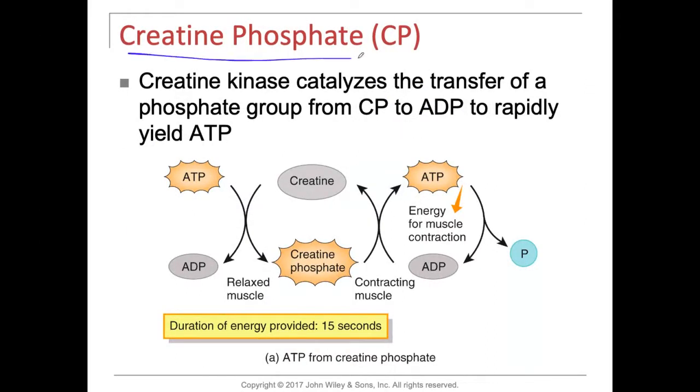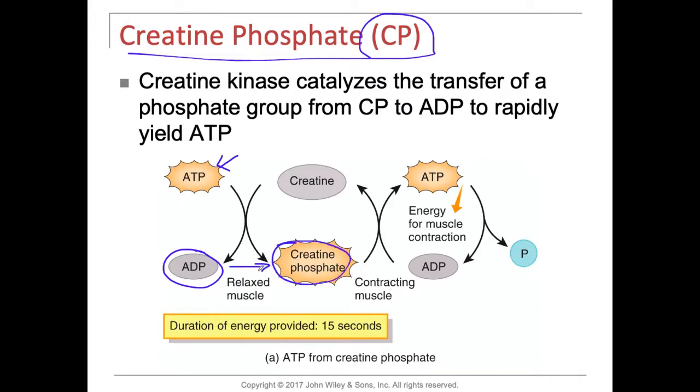So here's that CP that we mentioned before, creatine phosphate. So here's ATP, and we said when you have an abundance of it, we can store some of that ATP by having ADP and creatine phosphate, that's CP.